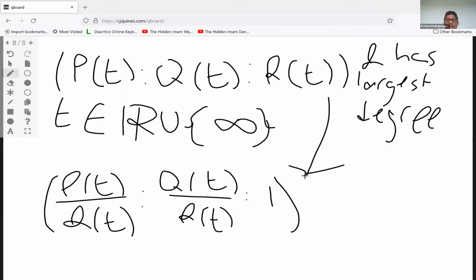Then we can unhomogenize to make this one. This is q of t over r of t, and this is p of t over r of t. And the limit of this and the limit of this is not infinity. So this is a well-defined point in our coordinate system.